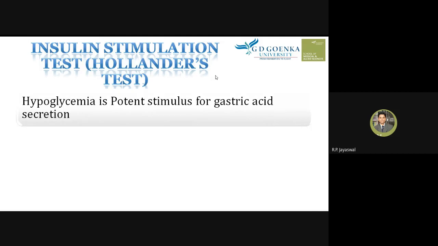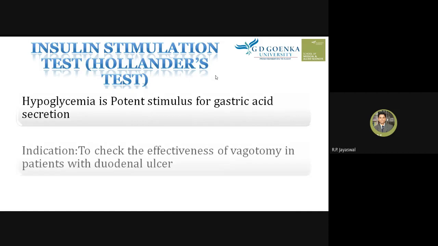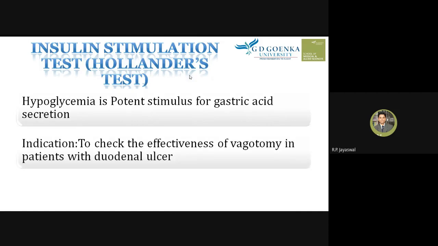So when there is hypoglycemia, it causes gastric acid secretion. The indication of this test is to check the effectiveness of vagotomy in patients with duodenal ulcer. Vagotomy is cutting off the vagus nerve. So when we do vagotomy, we can check how effectively it is working in the patient having duodenal ulcer.